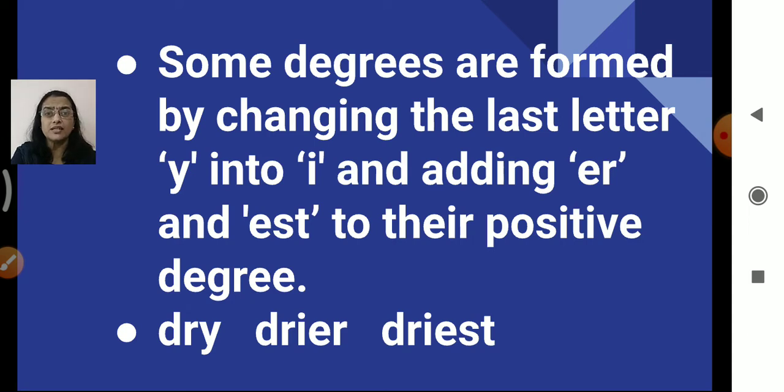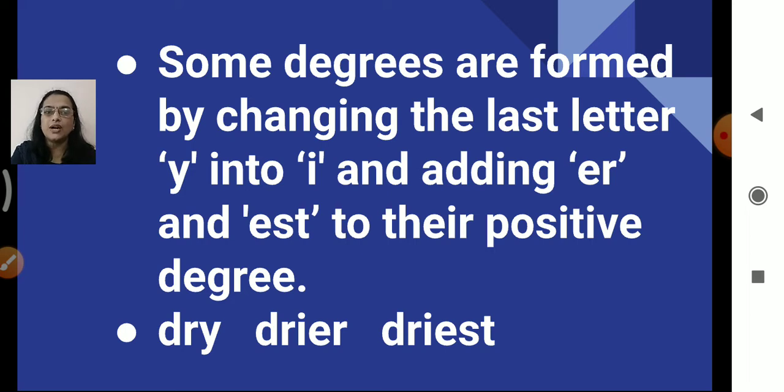There are many words which end with y, like happy, merry. What we do is remove the last letter, the y, and add i there, and you can add er and est to the positive degree.